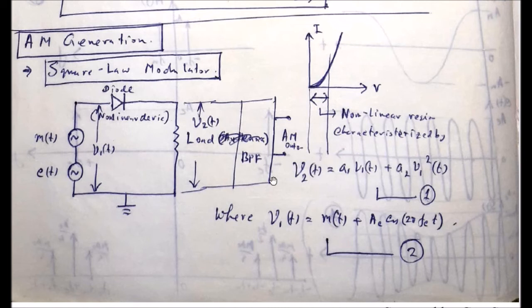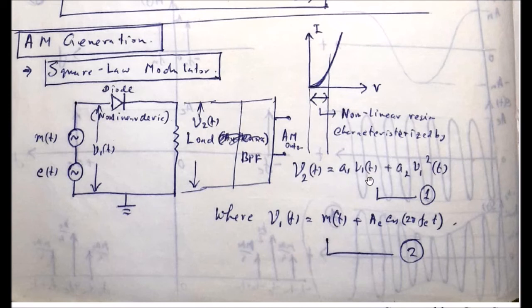It will obey this kind of relationship. As I mentioned, since the output characteristics of this diode obey the square law or nonlinear characteristics within this small voltage range, we can neglect the higher order terms: cube, to the power 4, to the power 5.